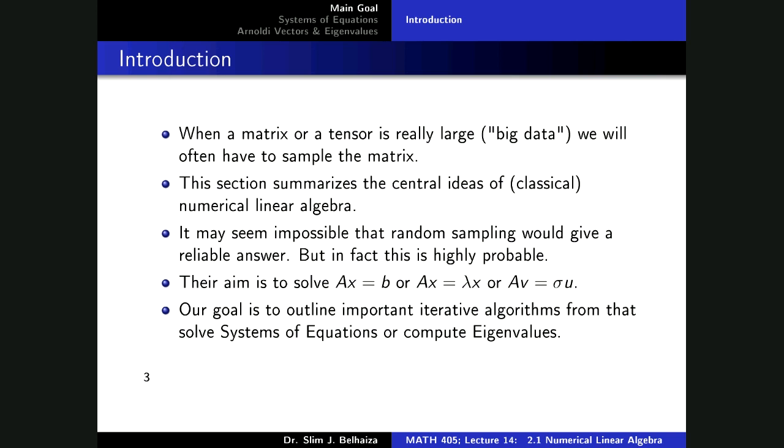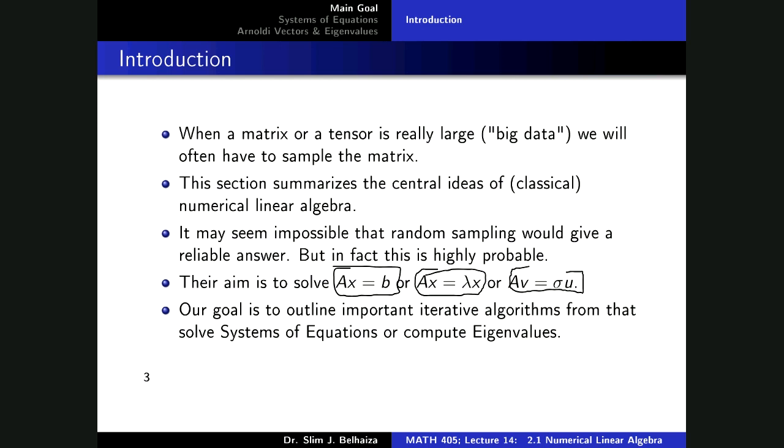The aim of this sampling is to solve our first issue, which is solving a linear system, AX equals B, or solving the eigenvector problem. Remember, this is the setting of the eigenvector problem. In this case, we call it the sigma problem.